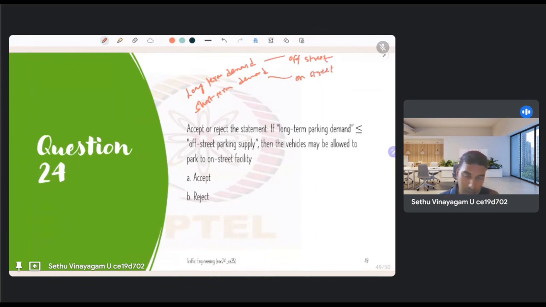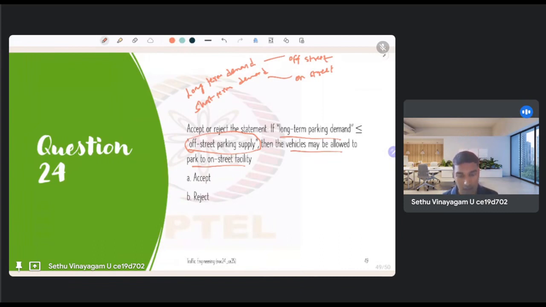Okay, so looking at it with respect to that, long-term parking demand is lesser than the off-street parking supply. So we have enough parking supply to cater to all the long-term parking demand, right? So in that case, should vehicles be allowed to park on the on-street facility? No, right?